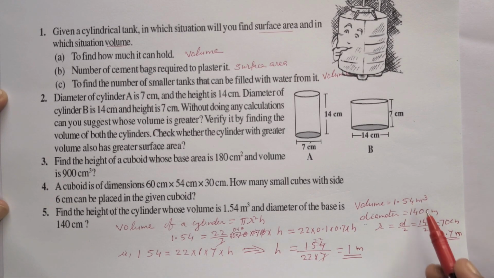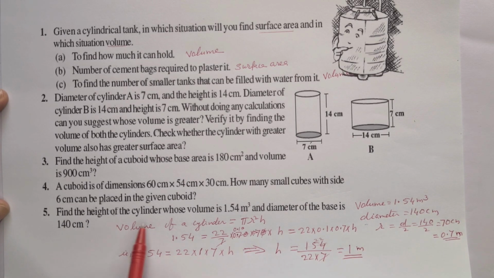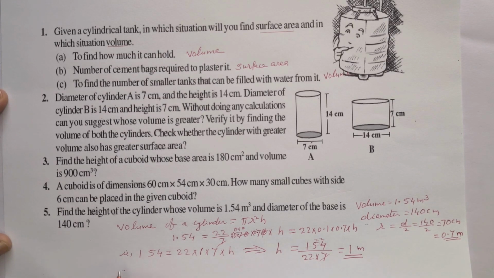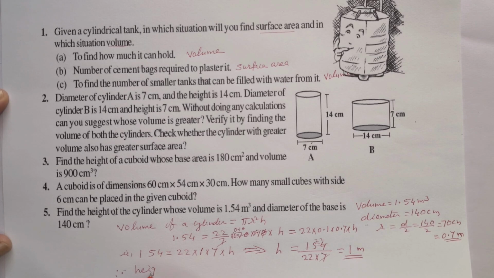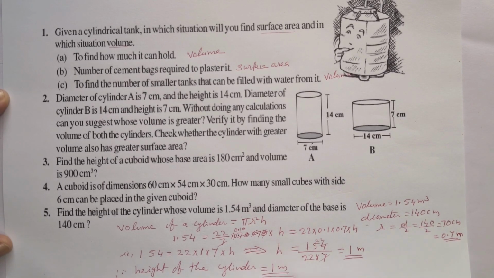All the measurements we have to take in the same unit. So here the question, find the height of the cylinder. We can write in a sentence, that is, height of the cylinder is equal to 1 meter.